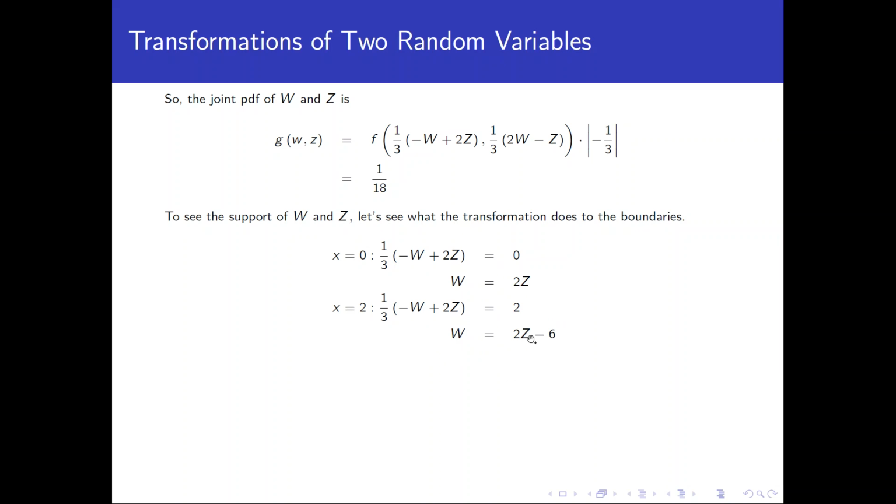And then the same thing for if x is equal to 2. That would be the right side of the rectangle. Now let's do the bottom and top of the rectangle. If y is 0, we set the y function equal to 0. We get w is 1/2 z. And then if y is 3, we get w is 1/2 z plus 9/2. So this gives you the boundary of the region that the xy region maps into.